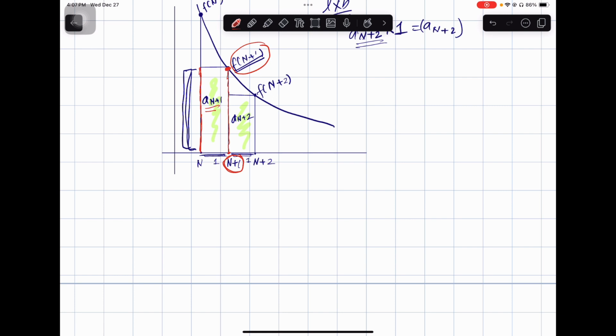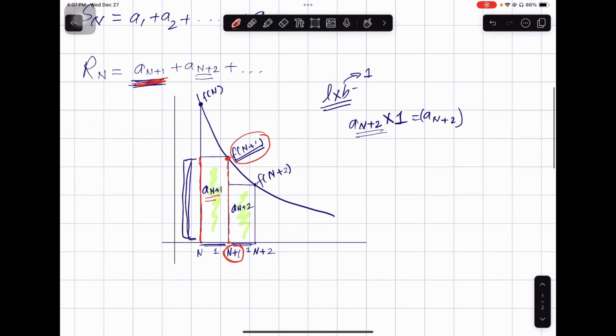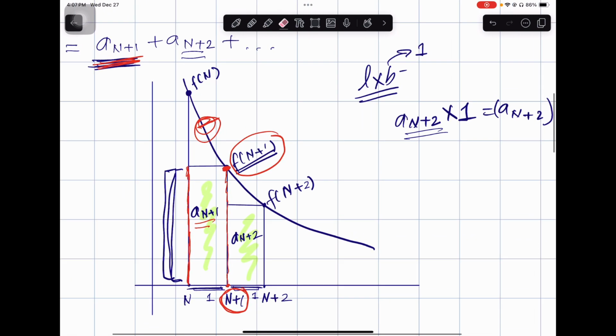So now let's try to come up with an inequality. Obviously, you can see that the area enclosed by this curve is greater than the sum of the area enclosed by the rectangles, because as you can see, there are some extra patches over here like this and this.